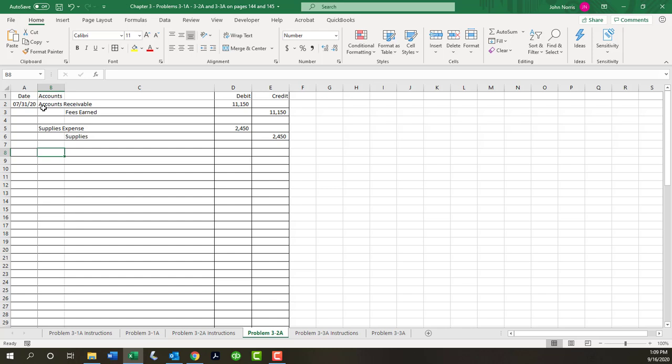$2,450. Rent expired is $6,000, so this is rent expense and prepaid rent is the reduction of the asset. So $6,000. Depreciation of equipment.